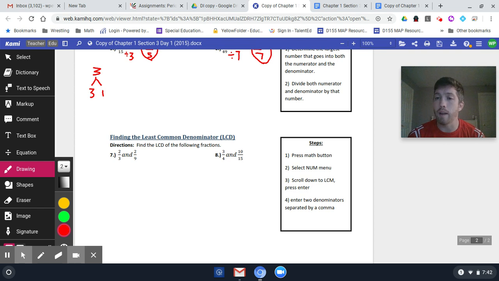Those calculators have a ton of shortcuts that help you with a lot of your math. Unfortunately, not all of these calculators have it, so we have to understand some of the math behind it. I will get into this, and I'm going to help you individually, depending on what calculator you have. I'm going to show you the best way to find what we call the least common denominator, but we'll come back to this.